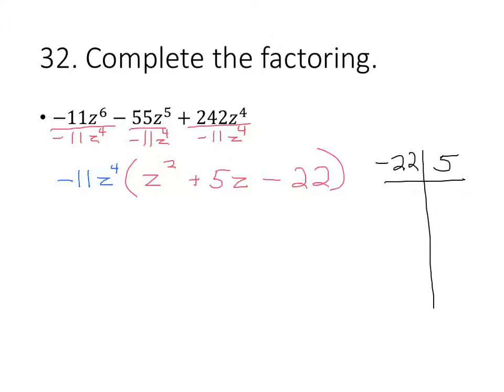And we're going to have 11 and negative 2 as the only possibilities, and that'll give us 9, so that doesn't work. So that tells us that this cannot be factored further unless you end up with complex numbers. So this is our final answer.